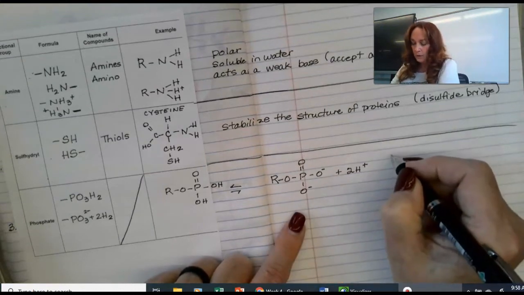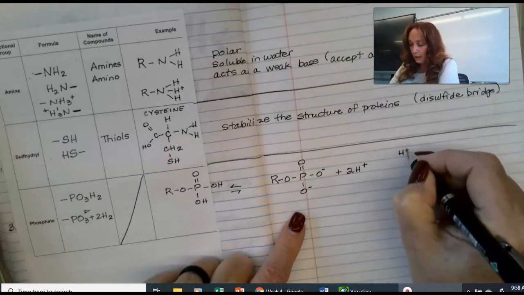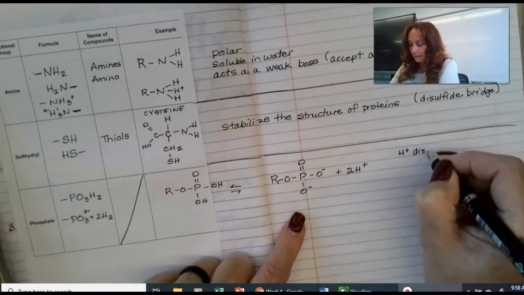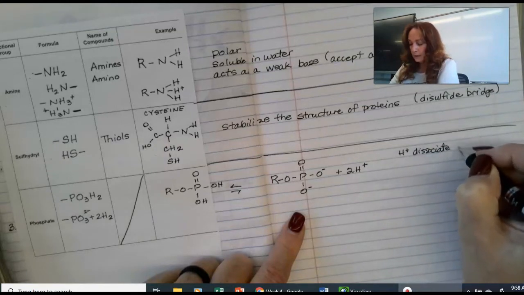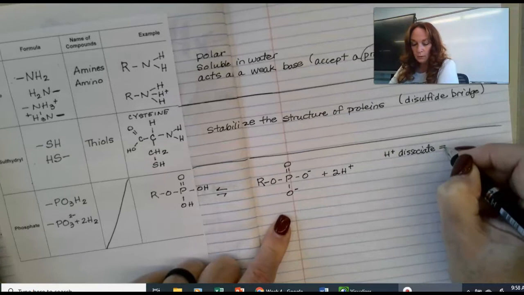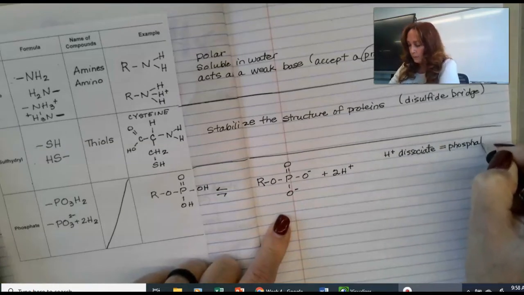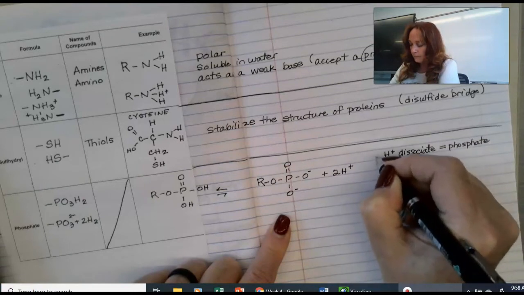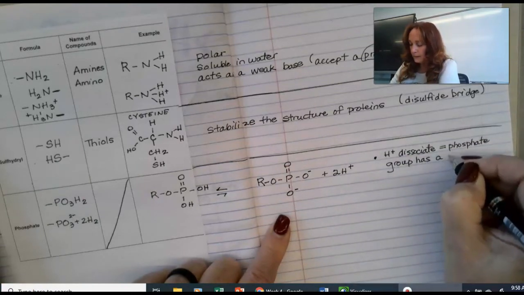So let's come over here now that I've got room. So when the hydrogen ions dissociate, that's going to equal the phosphate group has a negative charge.